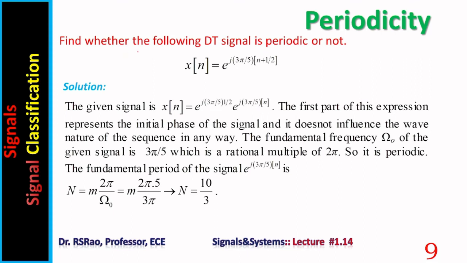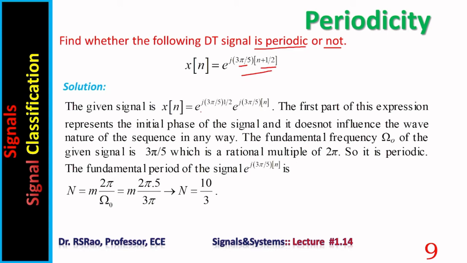Another problem: find whether the following DT signal is periodic or not. The given signal is x of n equals e power j 3 pi by 5 into n plus half. It can be split into two factors.